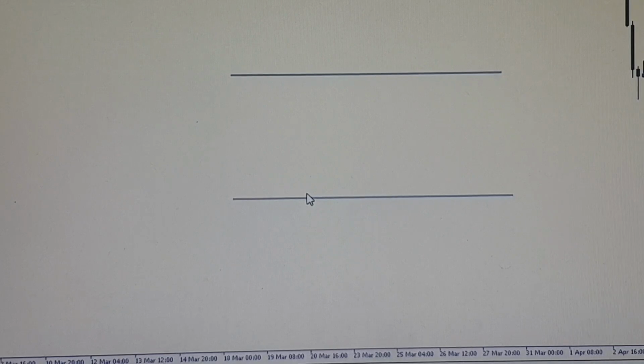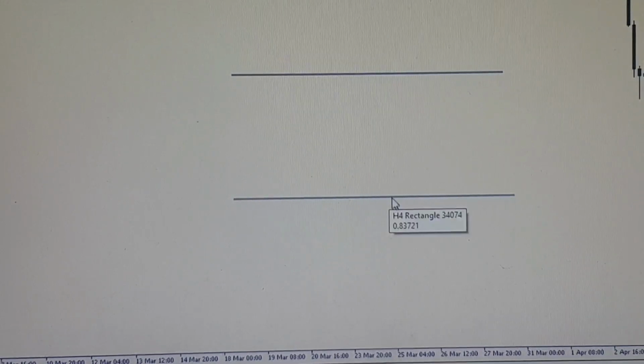You need to pay attention to areas like the support areas and the resistance areas. Let's take for instance, I'm having here as my support level and here as my resistance level.